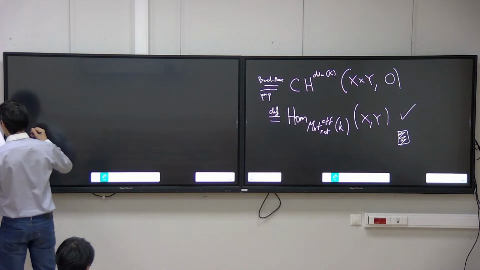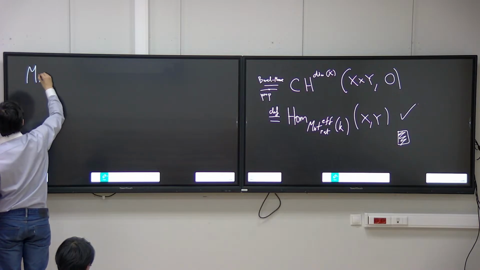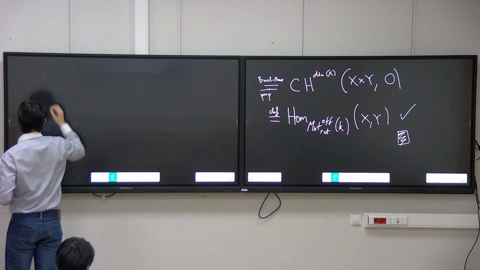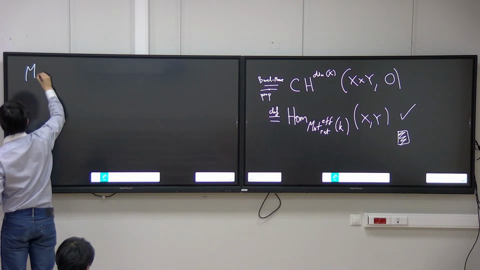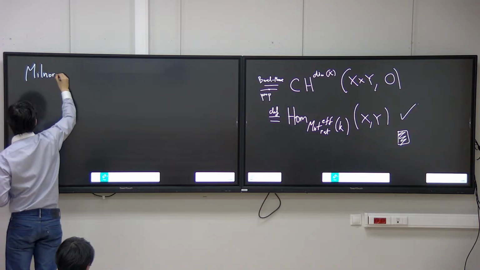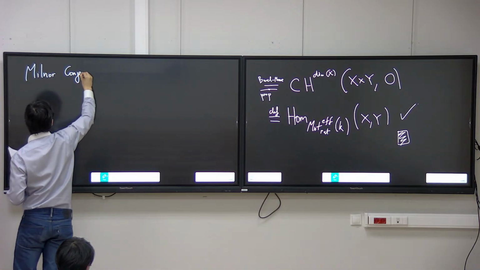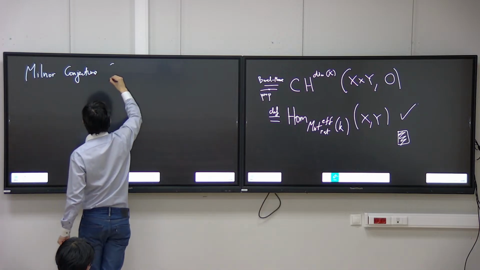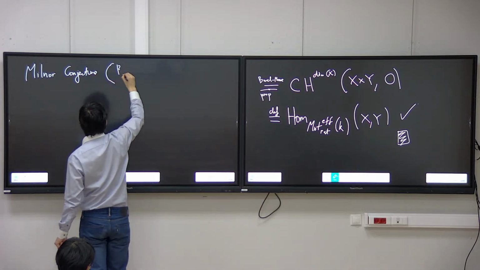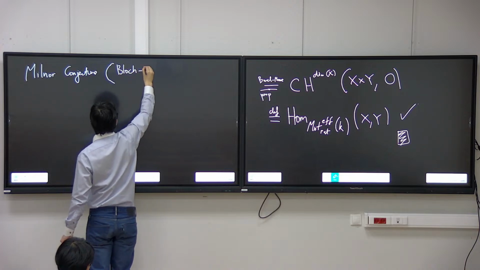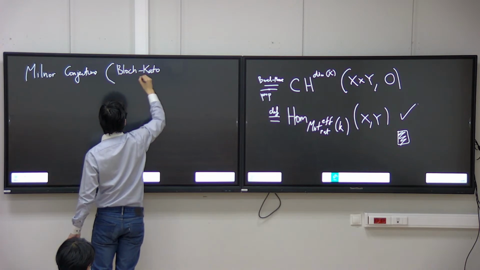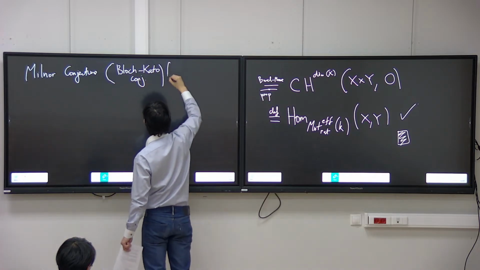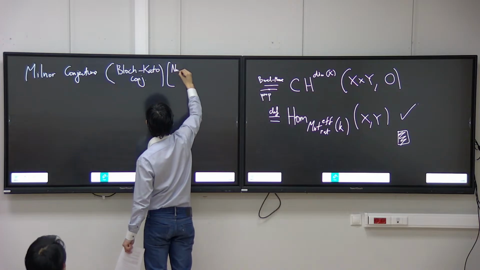So I just want to mention maybe the Milnor conjecture, which is one final application of all this motivic cohomology for today. The Milnor conjecture. Maybe also a generalized version called the Bloch-Kato conjecture, but in this context also called the norm residue theorem.